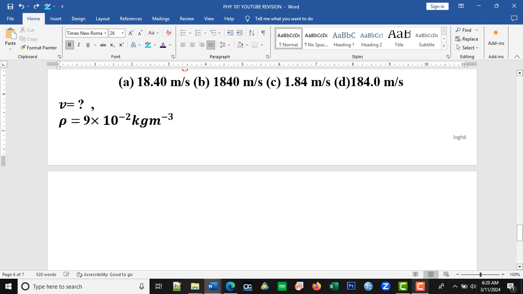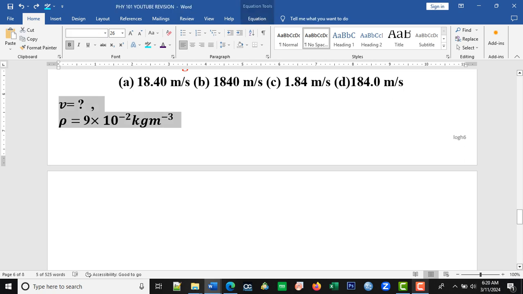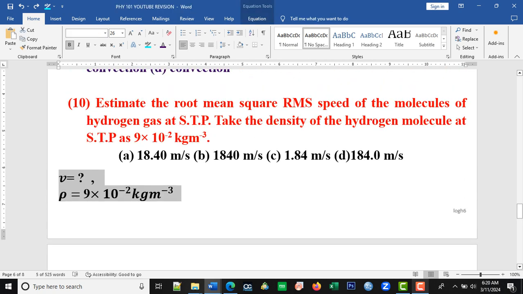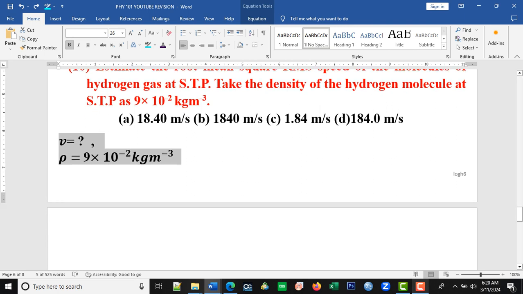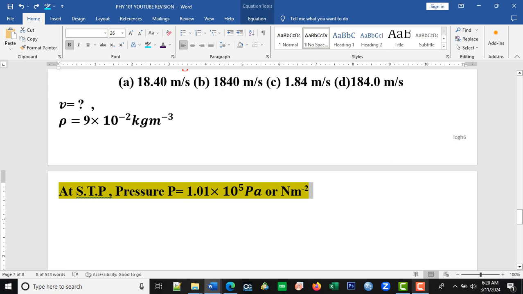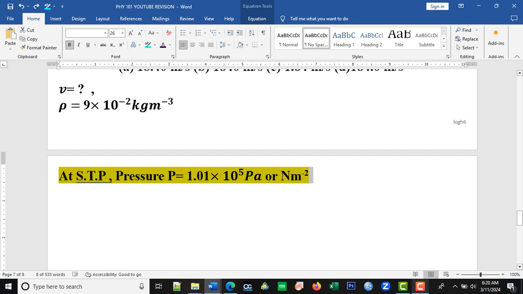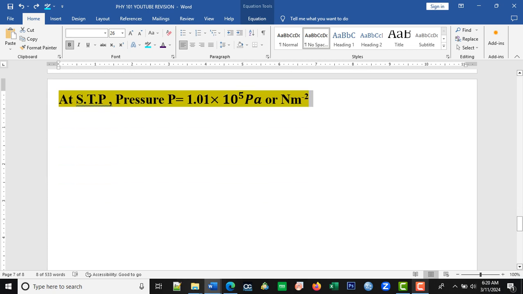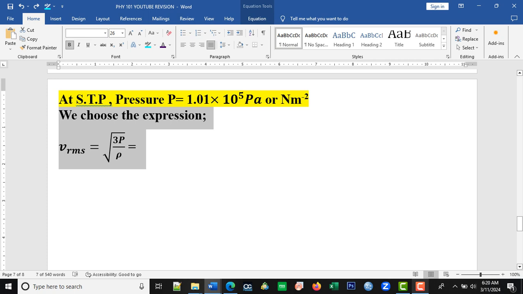Let's look at the options. We are being given the option to find the root mean square speed, V, and the density is given at STP. We should know that the pressure is also known, P equals 1.01 times 10 to the power 5 Pascal. So with this, we can pick a suitable expression.